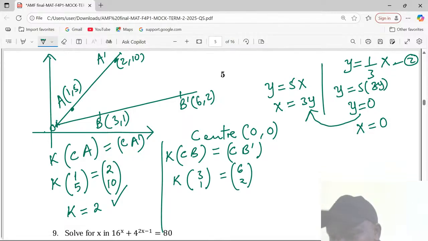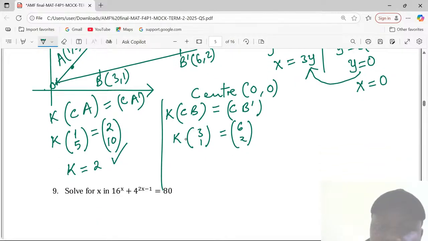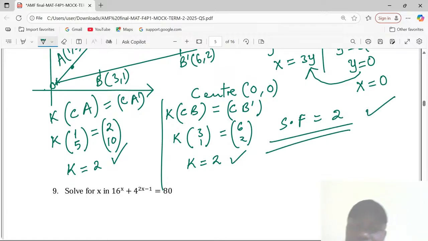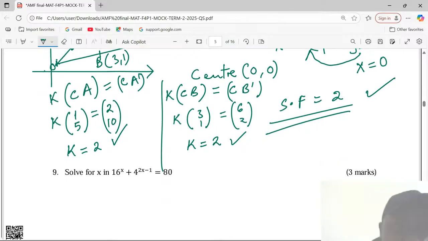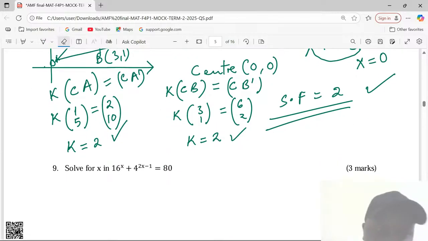So k multiplied by 3, that is 3k equals 6, confirming that k is 2. From the y component, k is directly equal to 2. So we can conclude that the scale factor for this particular enlargement is just 2.